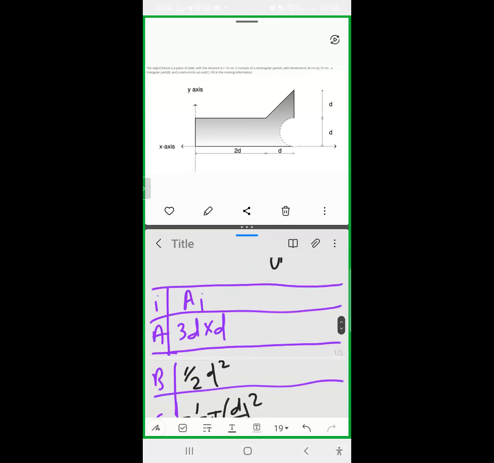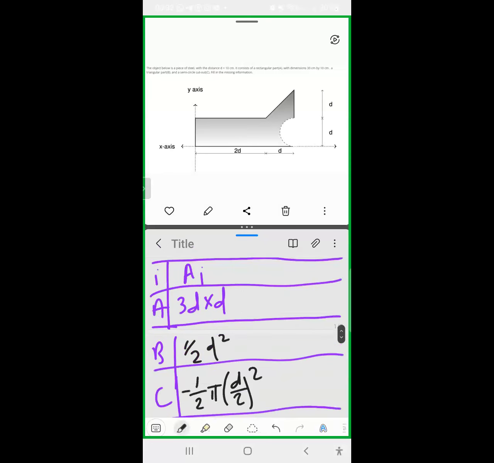That's how we find the areas. So we are done with the first part. Let us continue and compute what is required. 3 times D, which is 10 units, times 10, gives us 300 centimeters squared. The second one is half into 10 squared, and this is 50 centimeters squared as well.